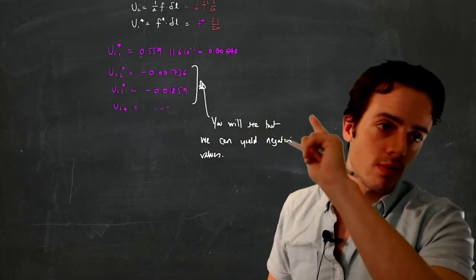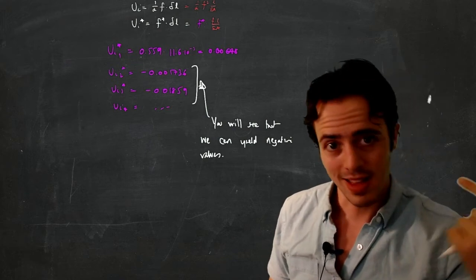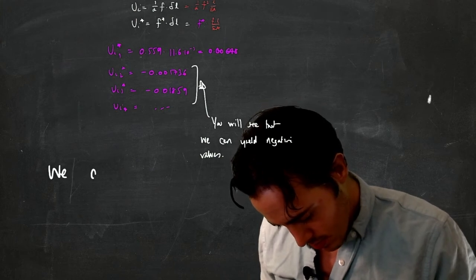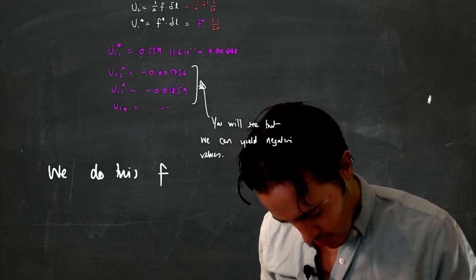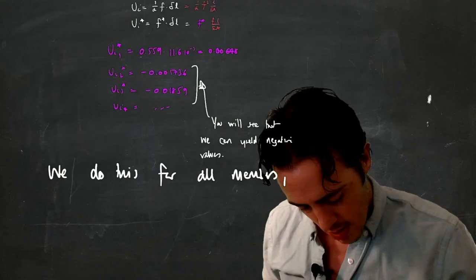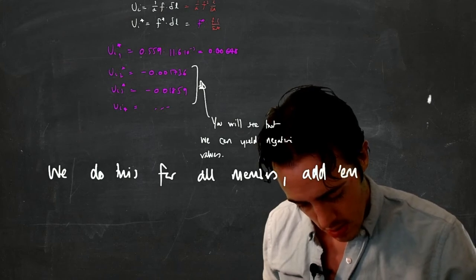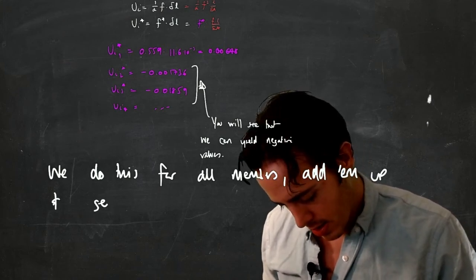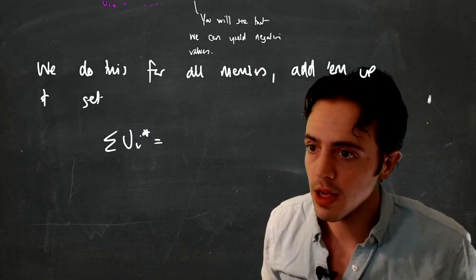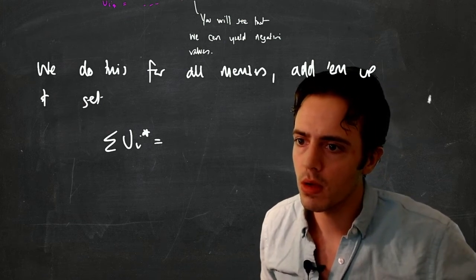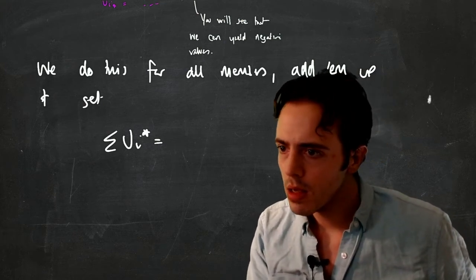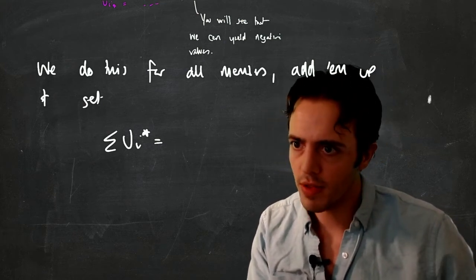So we take all these numbers, multiply the virtual forces by the real extensions, add them all up. These are all members, add them up, and get the sum of the internal virtual energy.